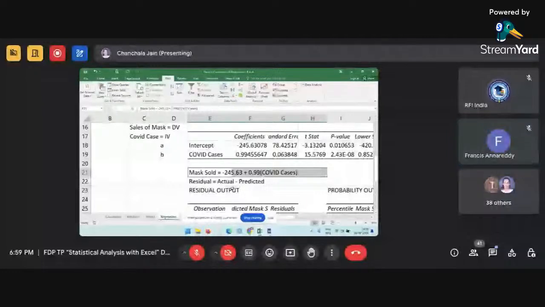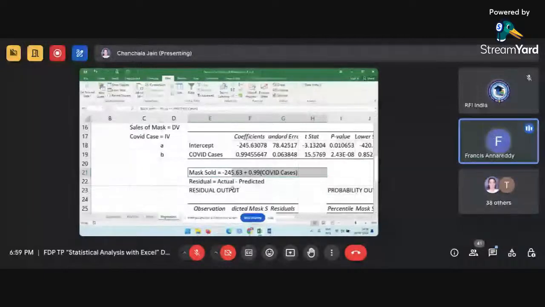Ma'am, in terms of A and B, so that we can generate a regression equation for other cases also. I'm not getting it. After correlation and regression, we give a regression equation to generalize the data, so that anyone can calculate. Tarun sir, this is the equation.